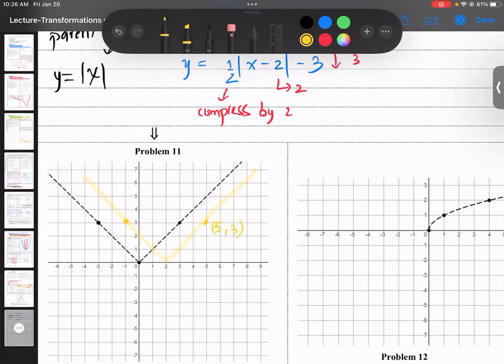Here is -1, comma 3. You have to double the y value, right? So it's going to be 5, comma 6, and -1, comma 6.